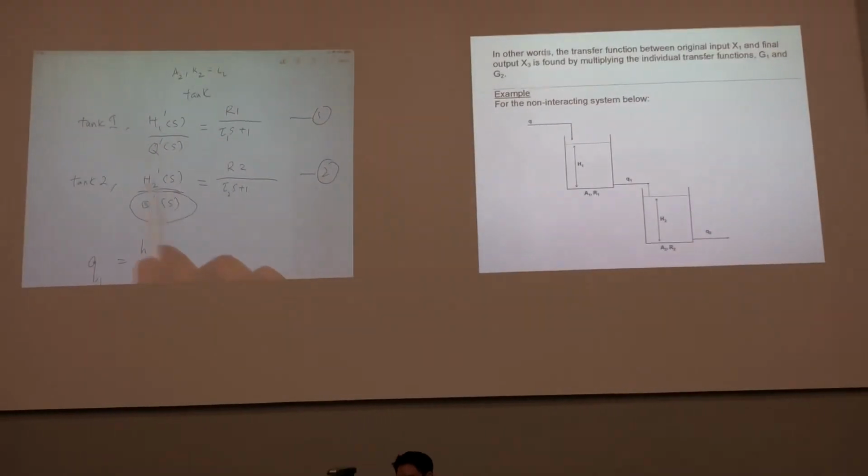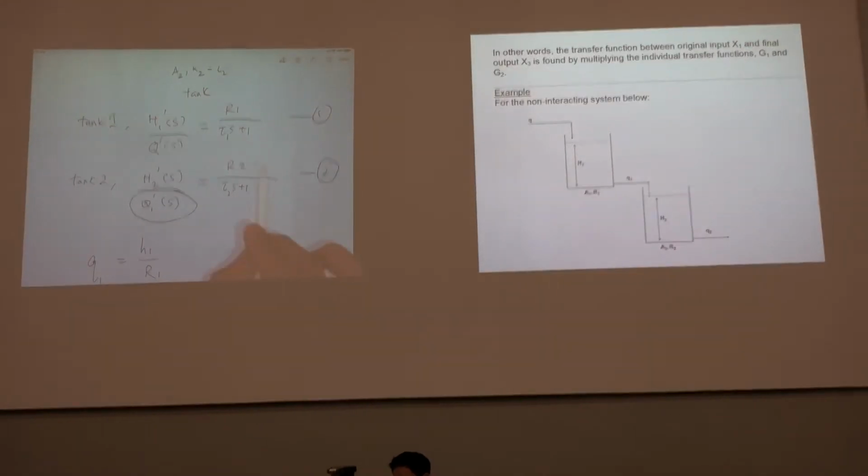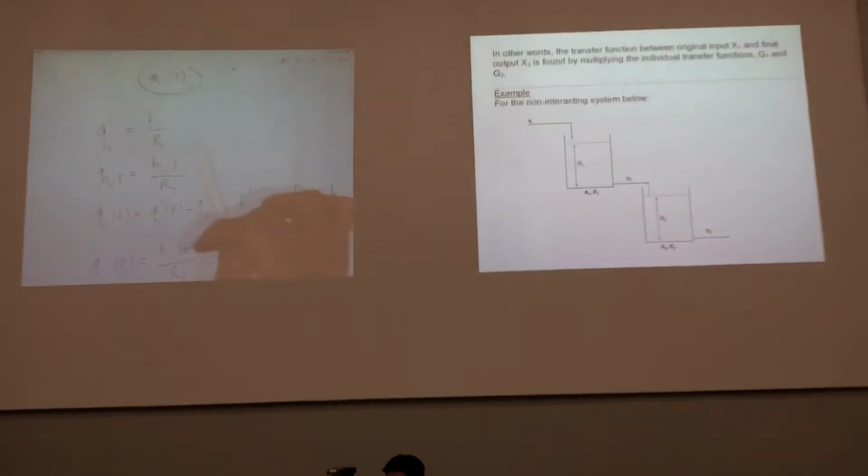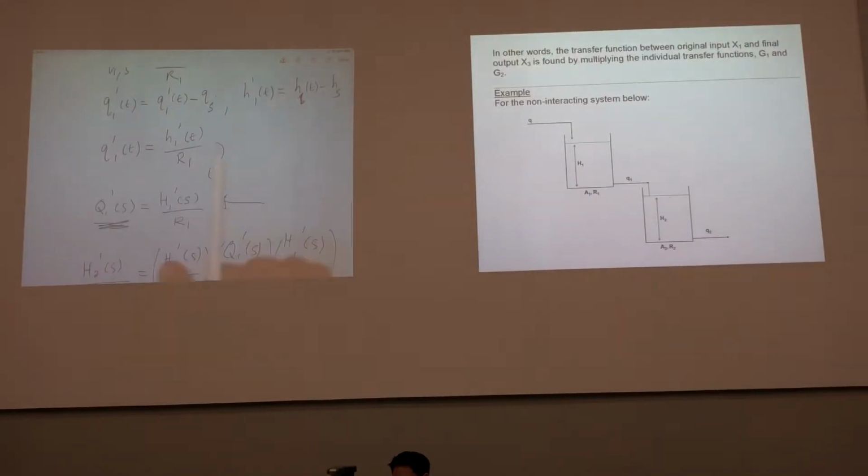Tank 2, H2 is my output, Q1 is my input, and this is my transfer function. And then in between, Q1 and H1 can link by this equation. So whatever I derive here is just for me to get this Q1 prime linked to H1 and R1.